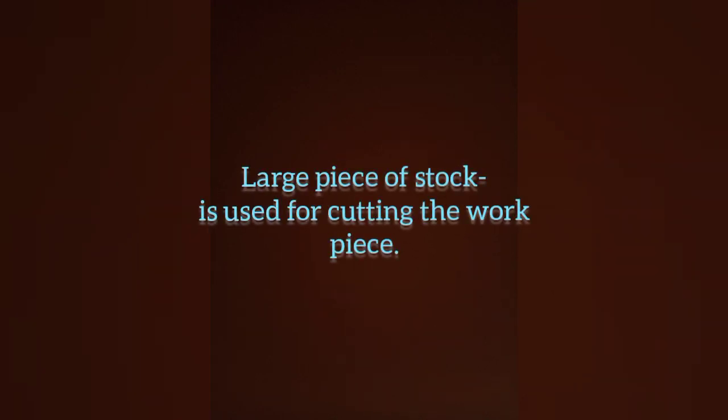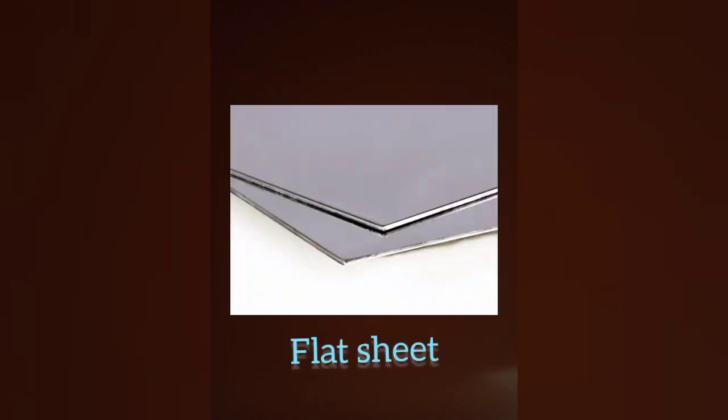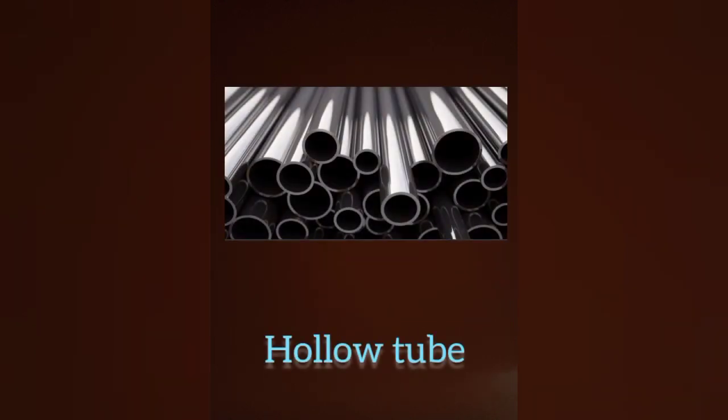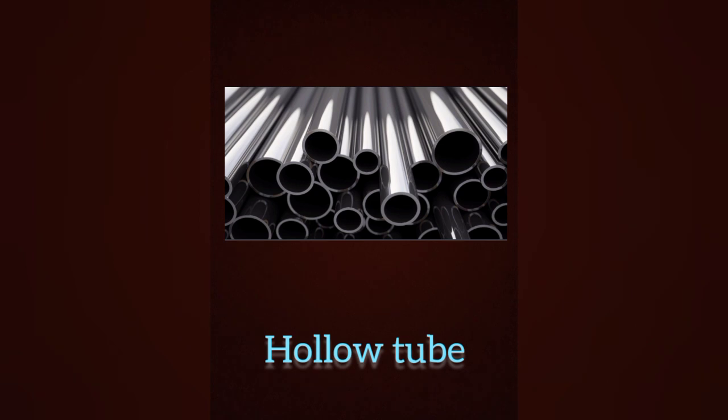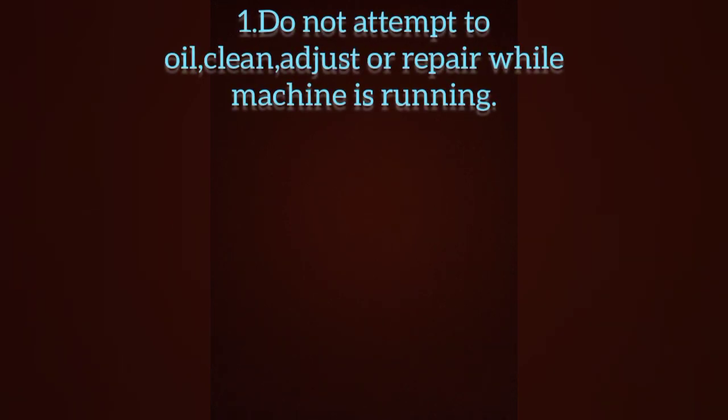Take note that a large piece of stock is used for cutting the workpiece. This stock might be in any shape, such as a solid bar, flat sheet, beam, or even hollow tubes.